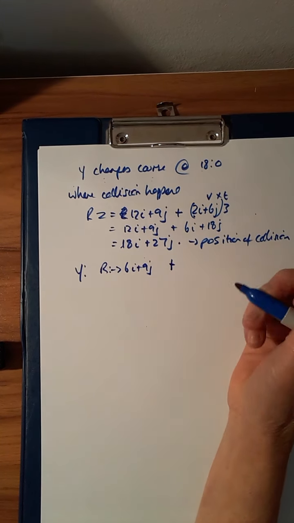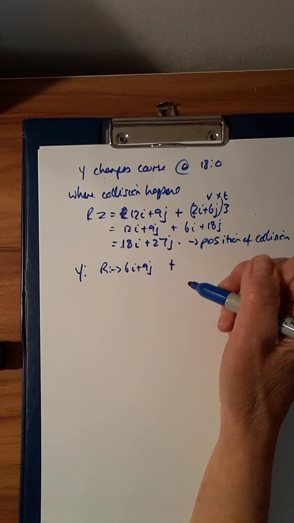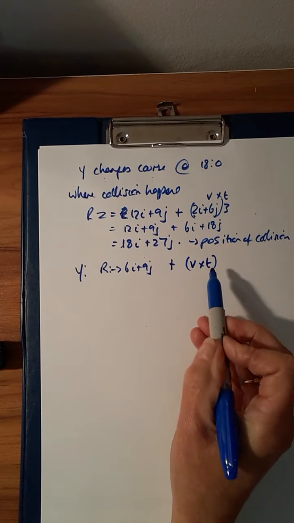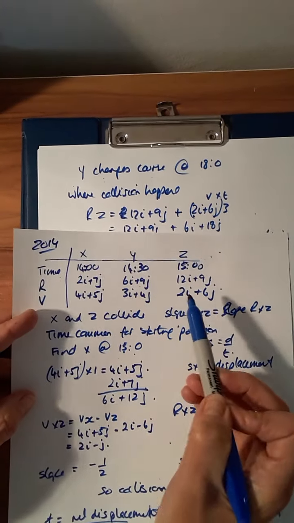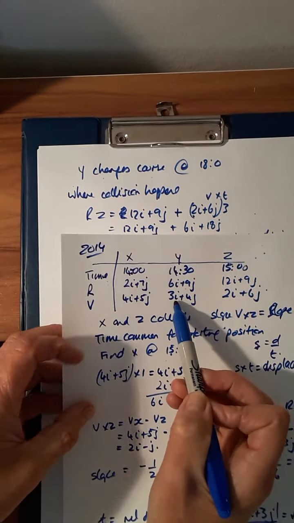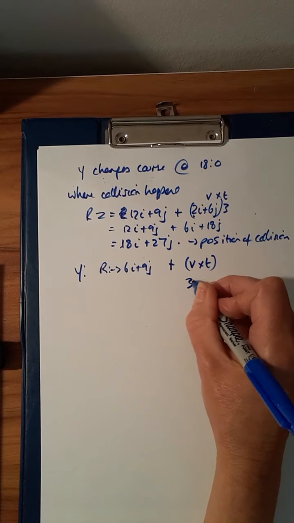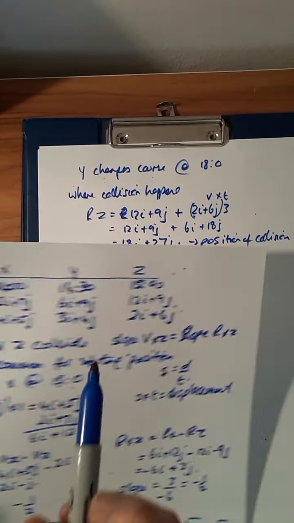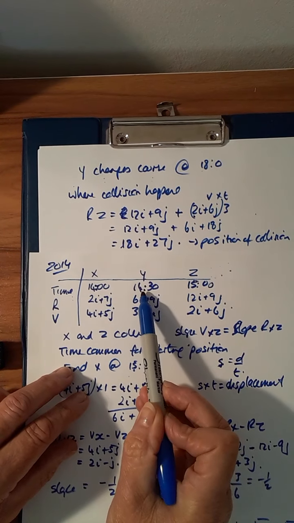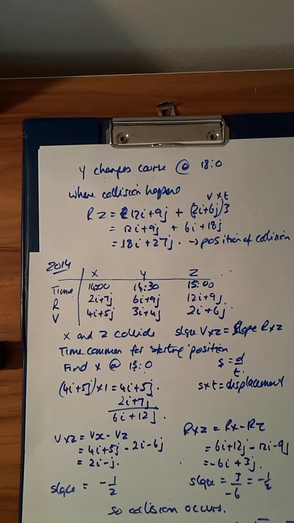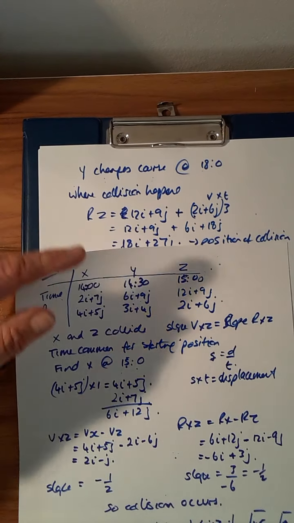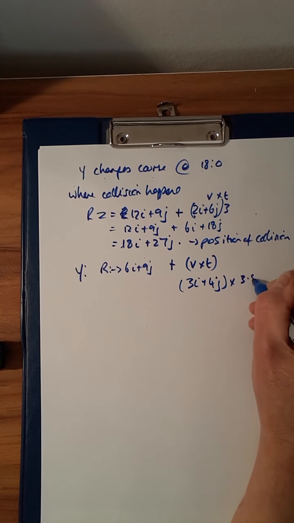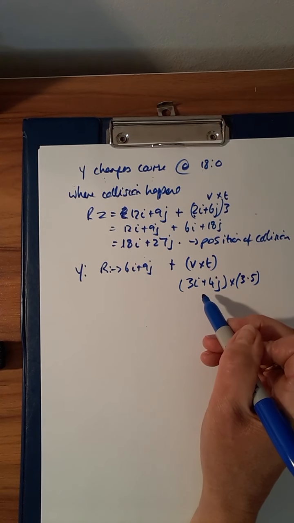Now, I'm going to add on the velocity by time, which will be its velocity, which is 3i plus 4j, multiplied by, now, that's where it was at 2:30. I have to see where it is at 6 o'clock. So I'm going to multiply that by 3.5 hours. And that will tell me what its displacement is at 6 o'clock.